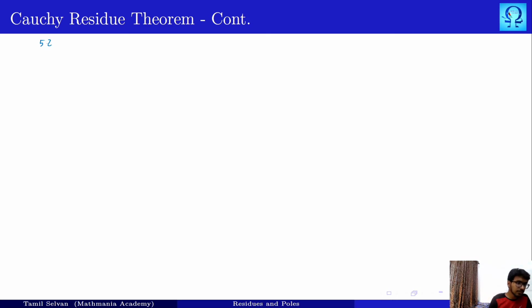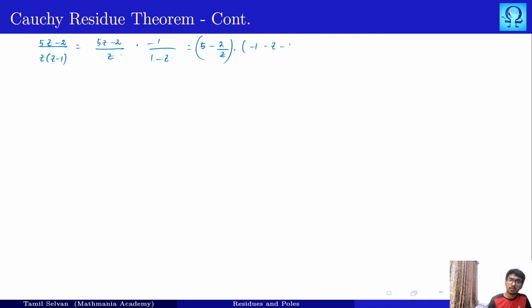that, first of all, let us have this one as 5z minus 2 upon z, and this one we are writing in a form that minus 1 upon 1 minus z. So which is 5 minus 2 upon z, which is to be multiplied with minus 1 minus z minus z squared minus z cube, and it goes like this. So when you multiply it inside, minus 5 minus 5z minus 5z squared minus 5z cube, and it goes this way.